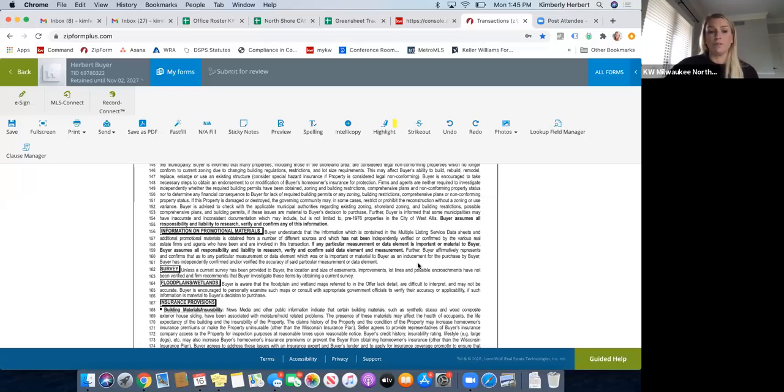So again, if your buyer's talking about room sizes, square footage, if that seems material to them, just make them aware, okay, hey, maybe we should get this verified, maybe you need to take a tape measure just to verify room sizes, or maybe that needs to be a contingency in the offer. I've never seen that, but I have seen where buyers learn after the appraisal that, oh, this property is not as large as I thought it was, or that room isn't as big as I thought it was, that's material to me.